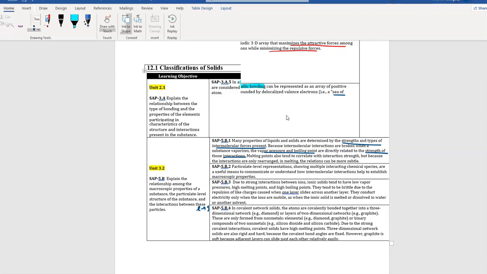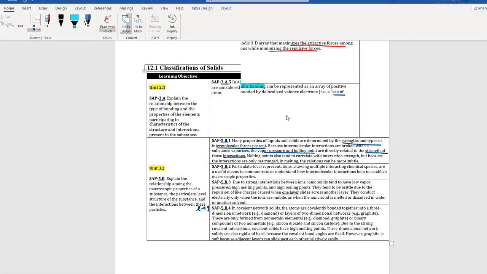Melting points, that's when you're talking about the temperature at which a solid converts to a liquid. Melting points also tend to correlate with interaction strength. But because the interactions are only rearranged in melting, the relations can be more subtle, so not as noticeable as a liquid to a gas.